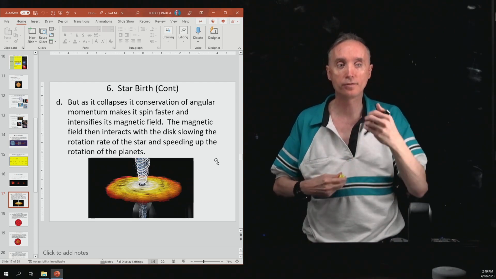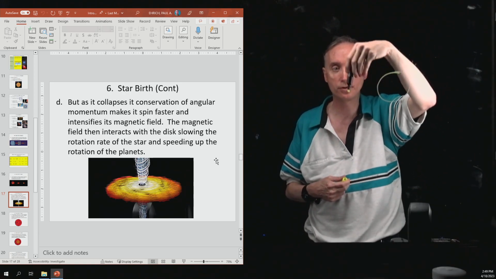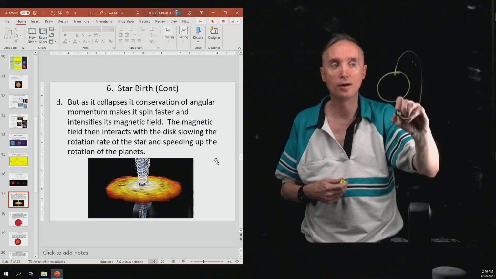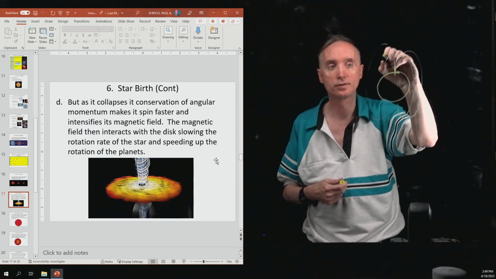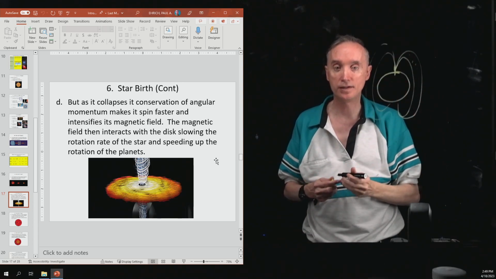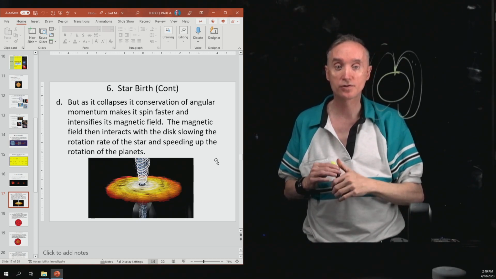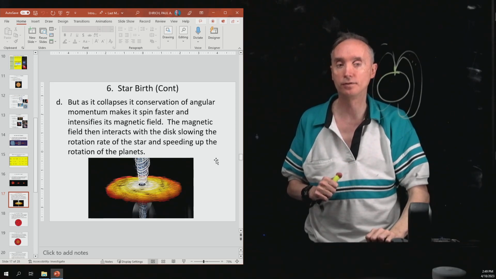So the Earth is spinning, and so the electrical materials going around in the core of the Earth is causing a magnetic field that is going to look like this. Okay, the sun is spinning and it has a magnetic field. So this object is also going to have a magnetic field.